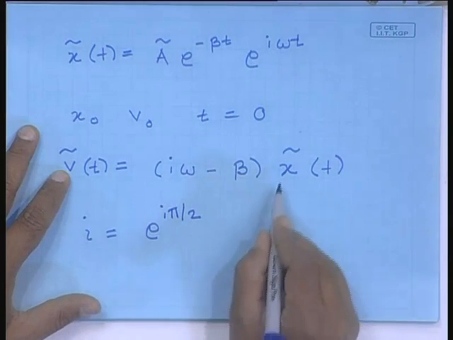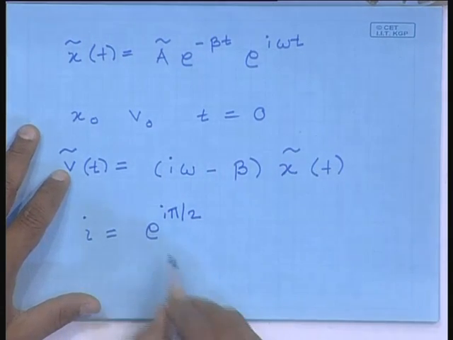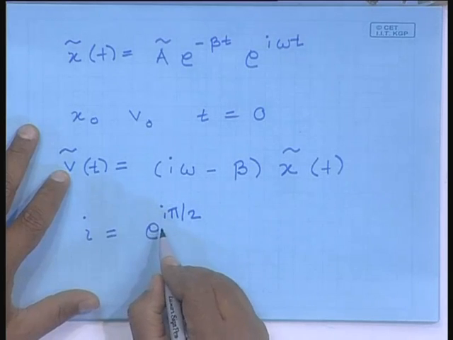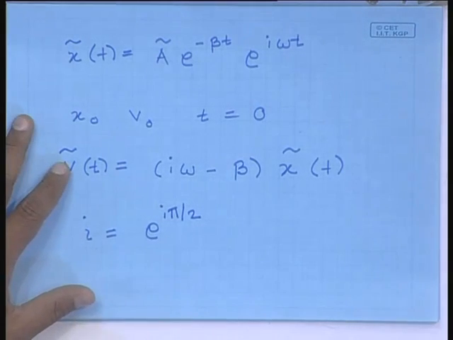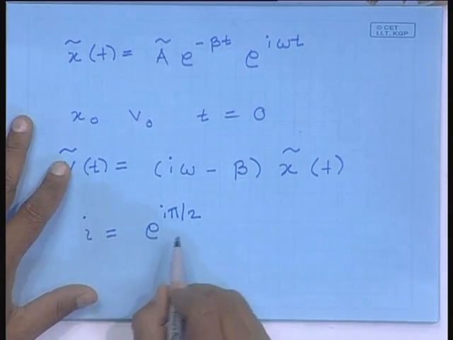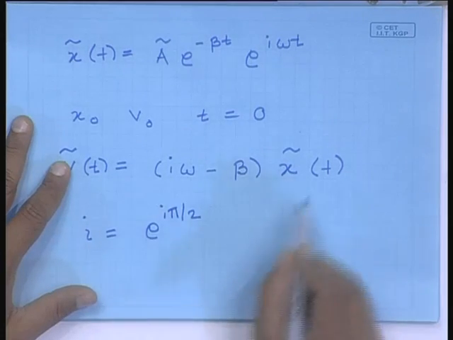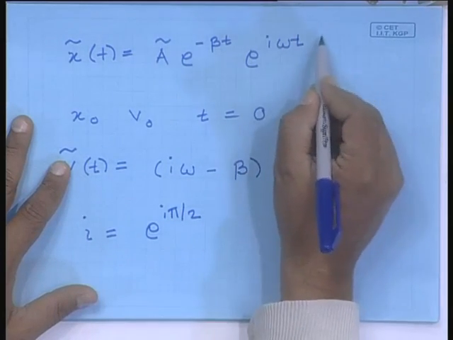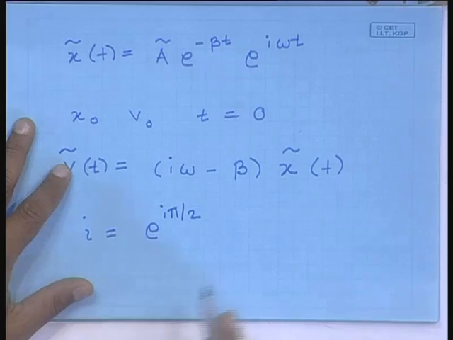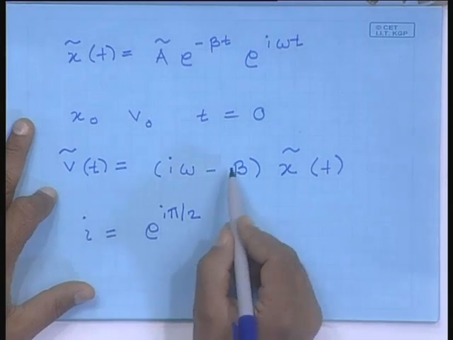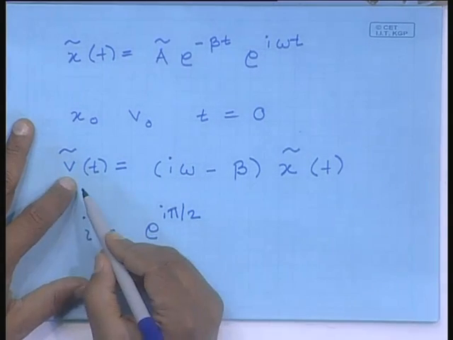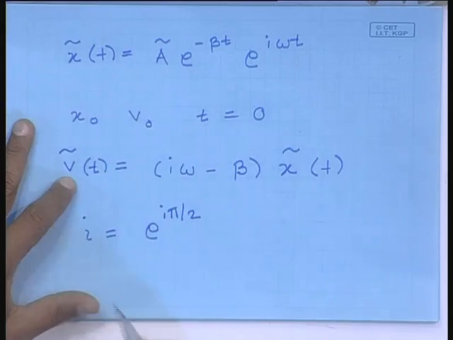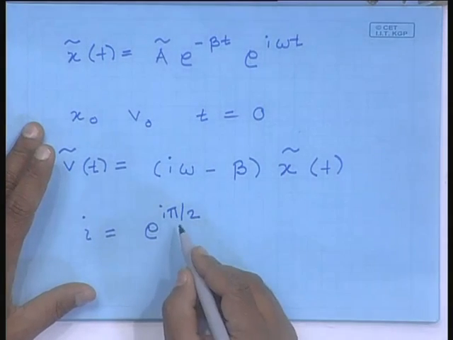We have multiplied the complex number x tilde with the number e to the power i pi by 2. What this does is, it puts an extra phase of pi by 2 into this exponent. From this you can conclude that for an undamped oscillator, the velocity and the position are exactly pi by 2 out of phase.